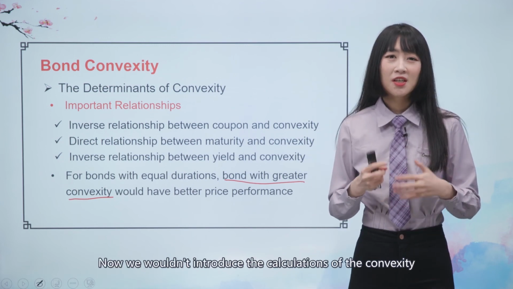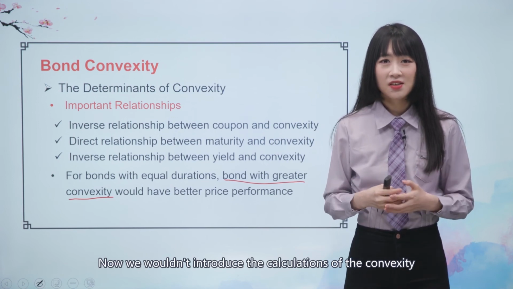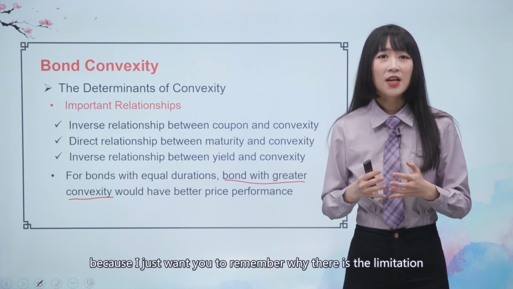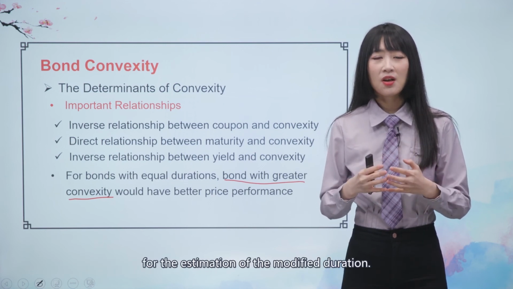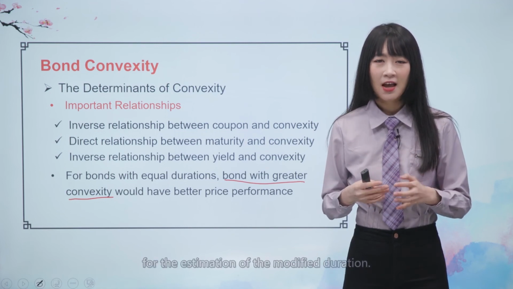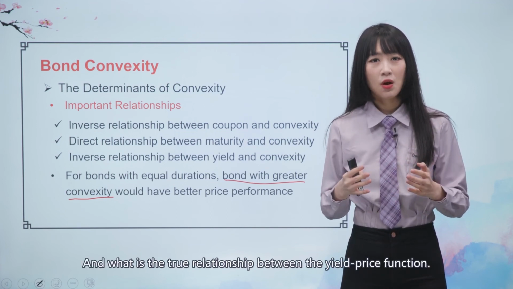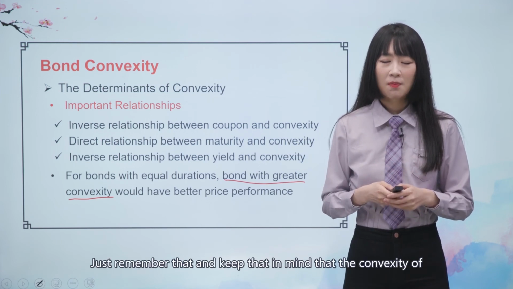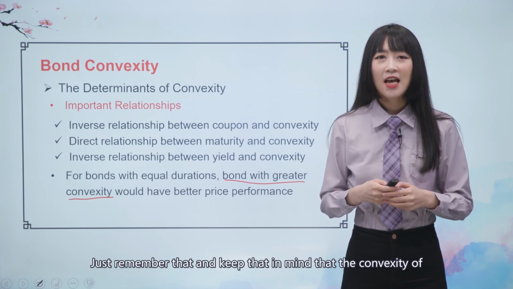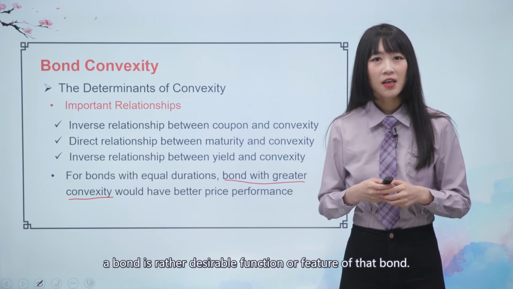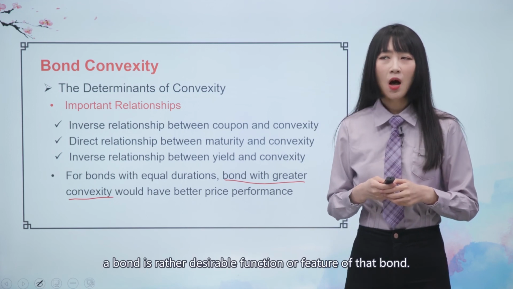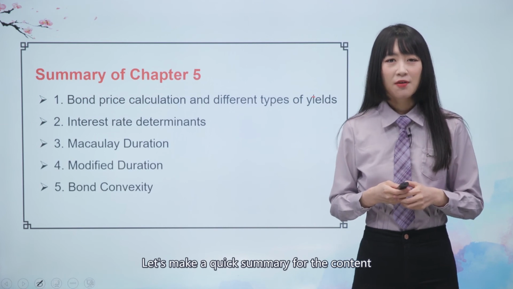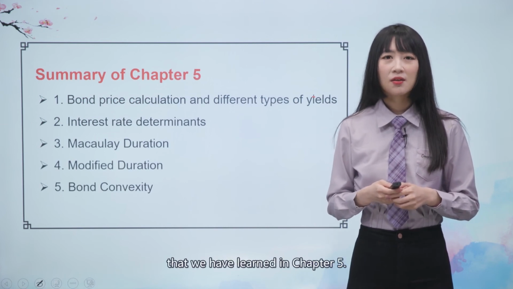We won't introduce the calculation of convexity because I just want you to remember why there is a limitation for the estimation of the modified duration and what the true relationship of the yield-price function is. Just keep in mind that the convexity of a bond is a rather desirable feature of that bond. Now, let's make a quick summary of the content that we have learned in Chapter 5.